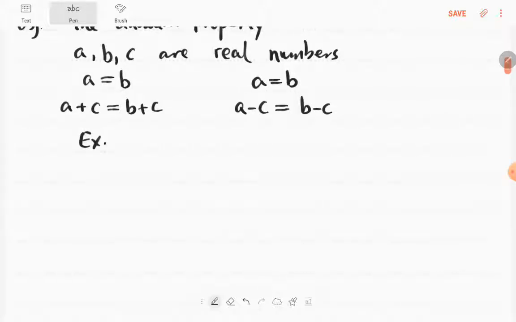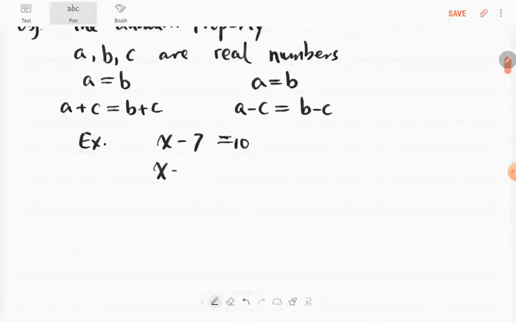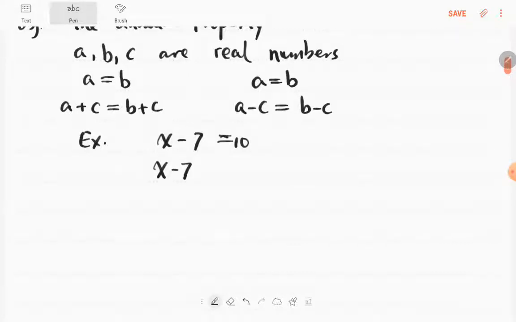If we have this equation x minus 7 equals 10, we want to solve it. We want to find the x value here. So basically, we can do the same thing to both sides, right? We add 7 to both sides of the equation.